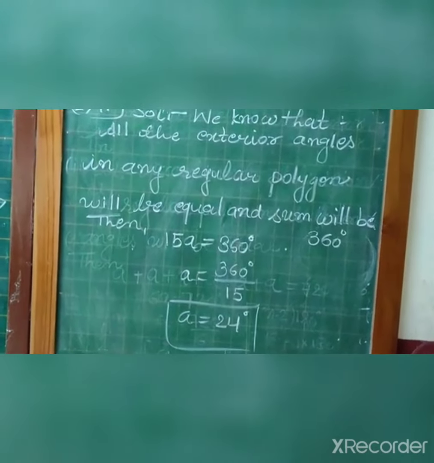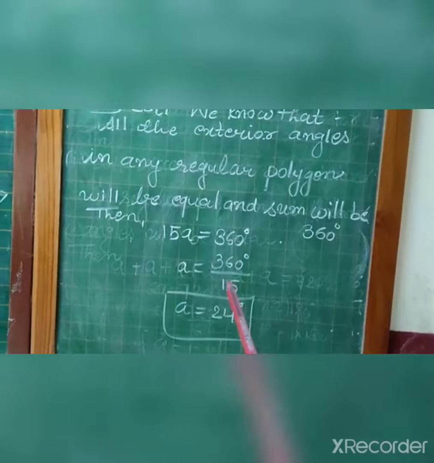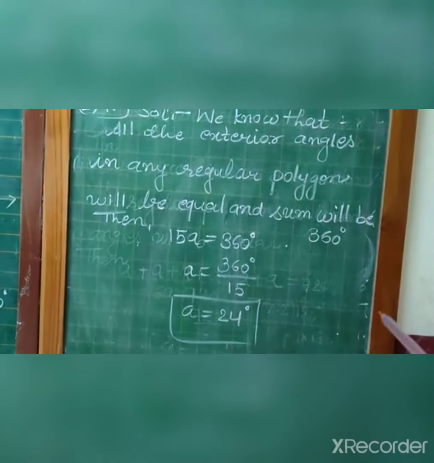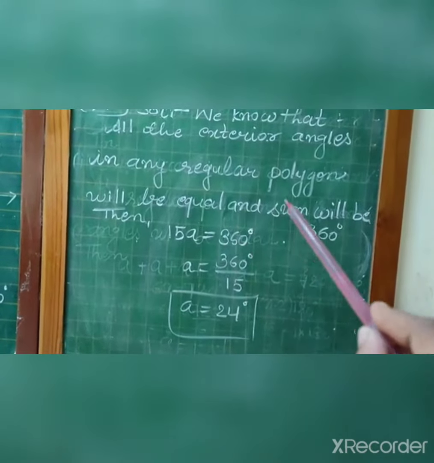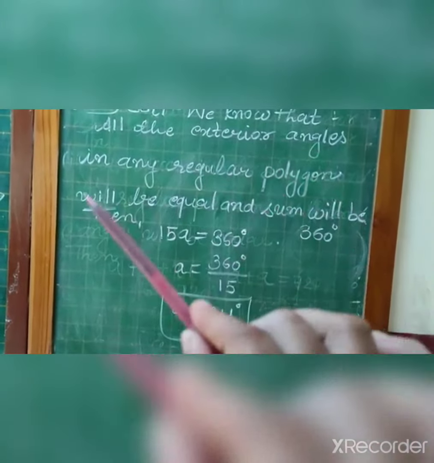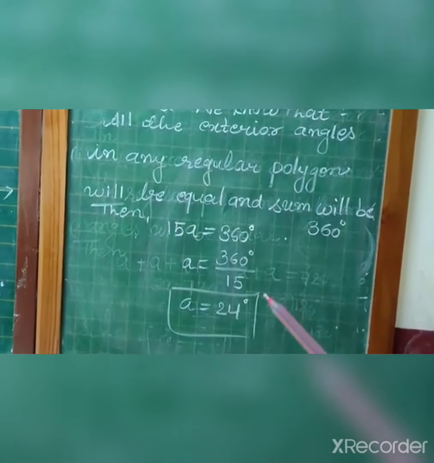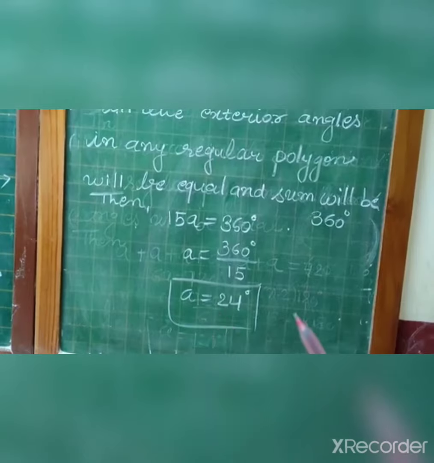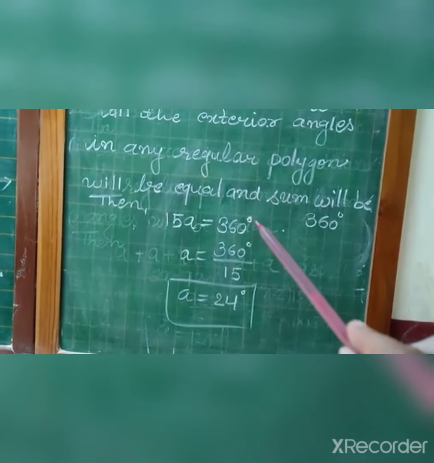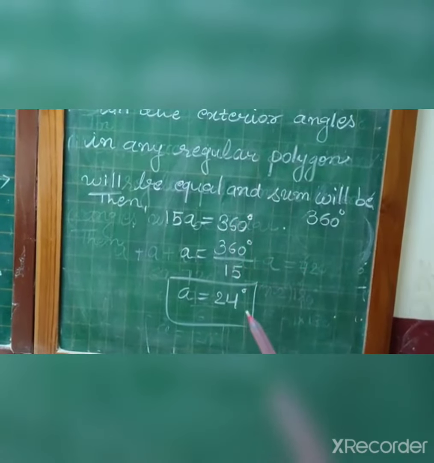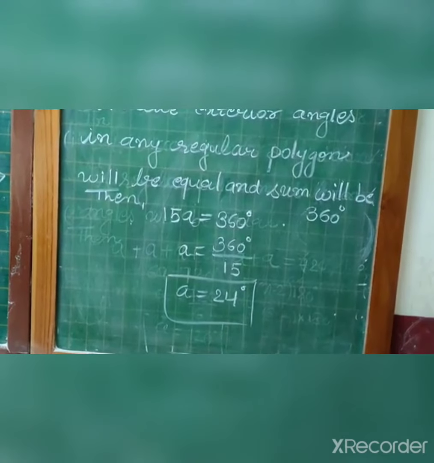That means all the sides are equal, so all the angles also will be equal. Then 15 times the angle equals 360 degrees, because we know that the sum of all exterior angles in any polygon, either regular or irregular, is 360 degrees. So 360 degrees divided by 15, so the measure is 24 degrees.